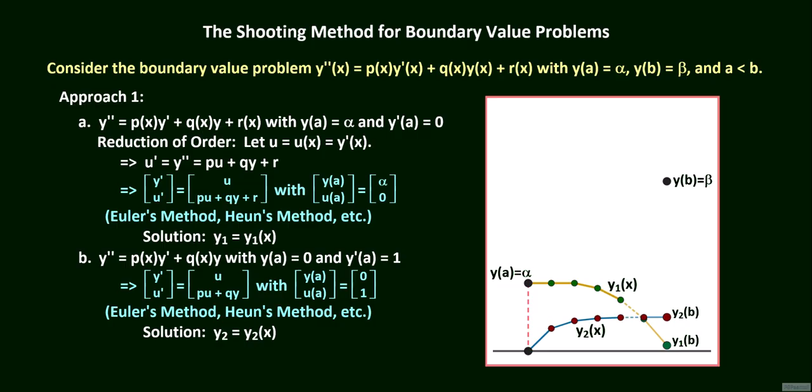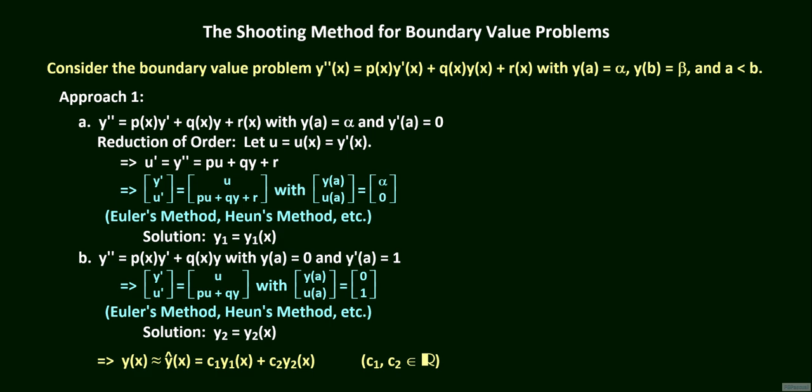Then we assume that the shooting method's approximate solution, which we call y hat of x, is given by the formula c sub 1 times y sub 1 of x plus c sub 2 times y sub 2 of x, where c sub 1 and c sub 2 are constants. To determine c sub 1 and c sub 2, we first check the boundary conditions. Y hat of a is supposed to be equal to y of a, or alpha.